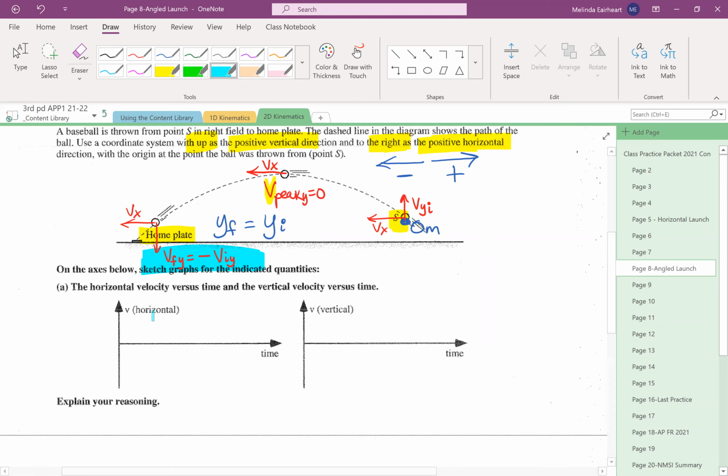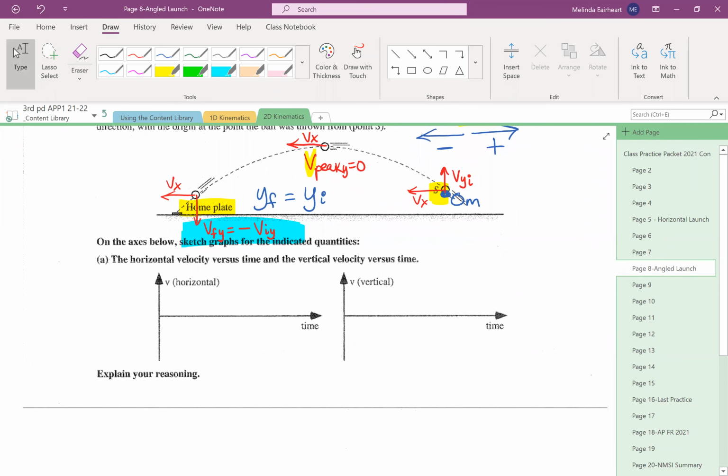Draw the horizontal velocity versus time and the vertical velocity versus time. So tell me about the horizontal. This one should be the easier one. Horizontal velocity is constant, so we know that. Now, your first gut is to go, boom, quadrant 1, done. Wrong today.